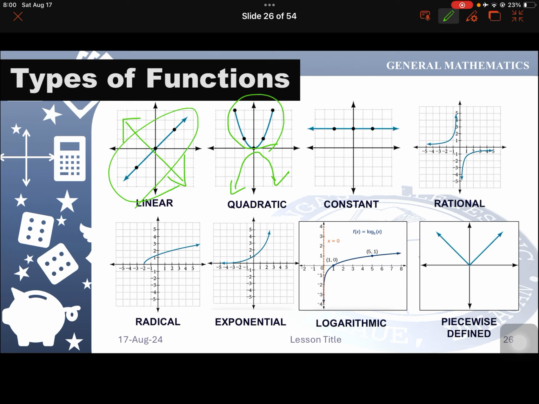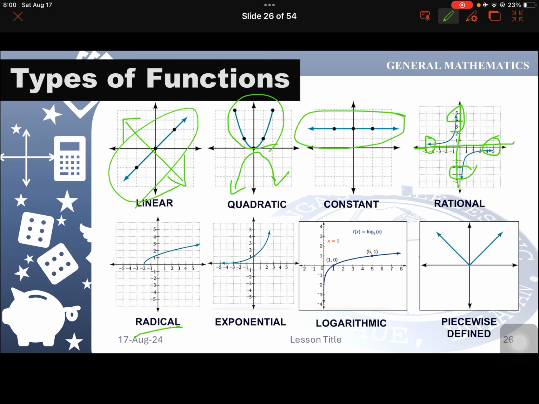And then we have the constant. So the graph of the constant is a horizontal line. We have here the rational function, where we don't see any asymptotes here because asymptotes are imaginary lines. So we can assume that the asymptotes are here, and it never touches the graphs here.